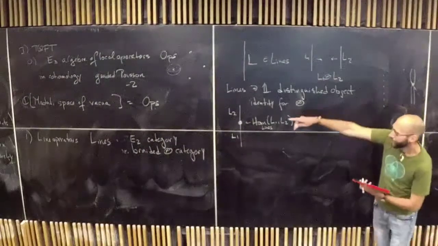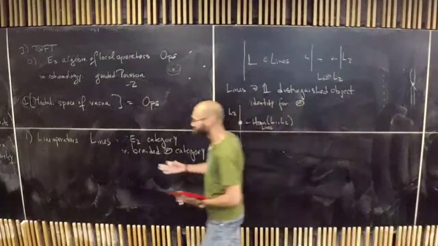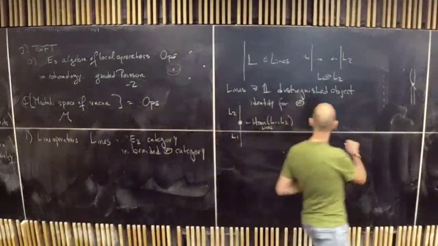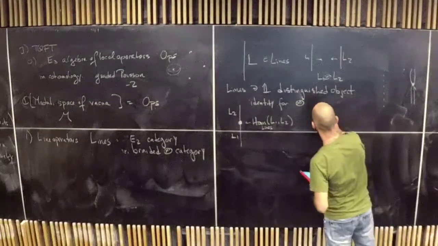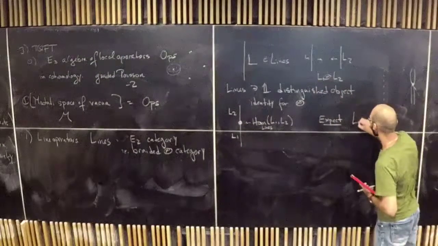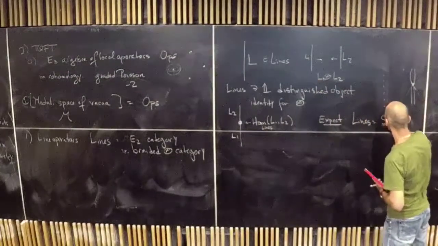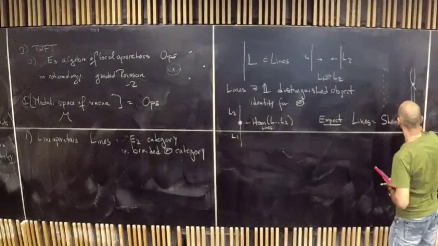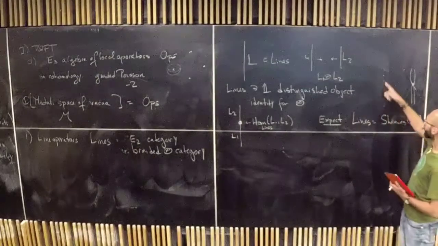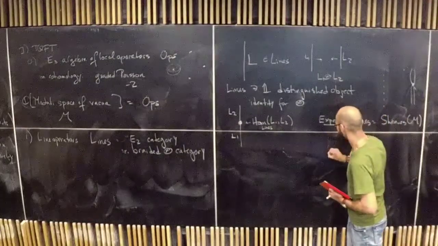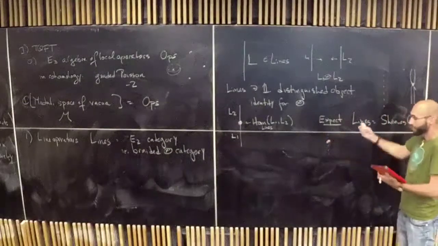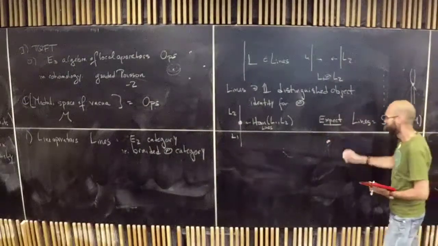In terms of this thing called the moduli space, which appears in physics talks all the time, the expectation is that the category of lines is sheaves on M. In particular, the trivial line, endomorphisms of the trivial line are just local operators sitting in empty space.